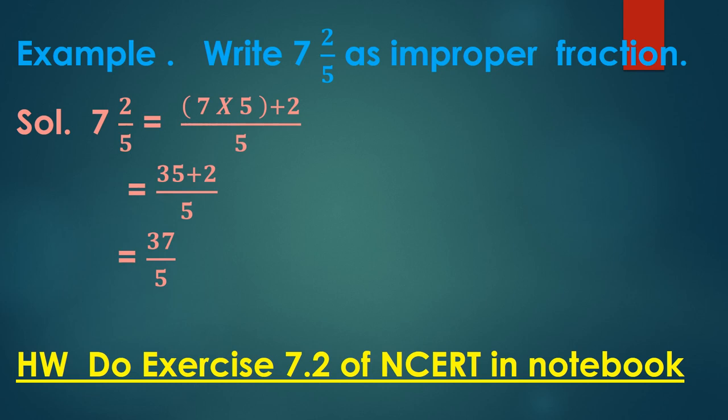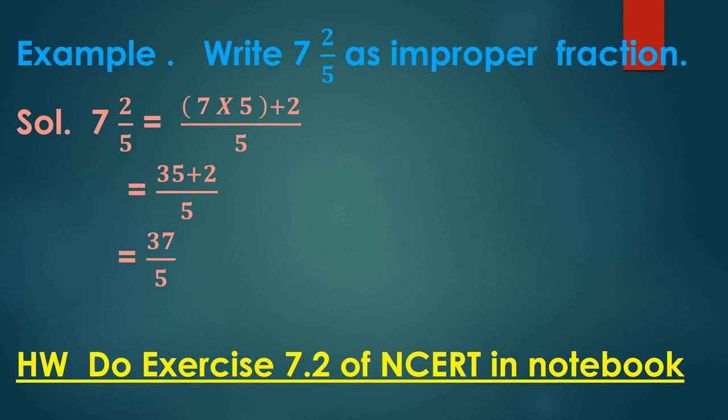Then we have learned mixed fraction. Mixed fraction is a fraction which is a combination of a natural number and a proper fraction. Then we have learned how to convert an improper fraction into a mixed fraction by dividing it.